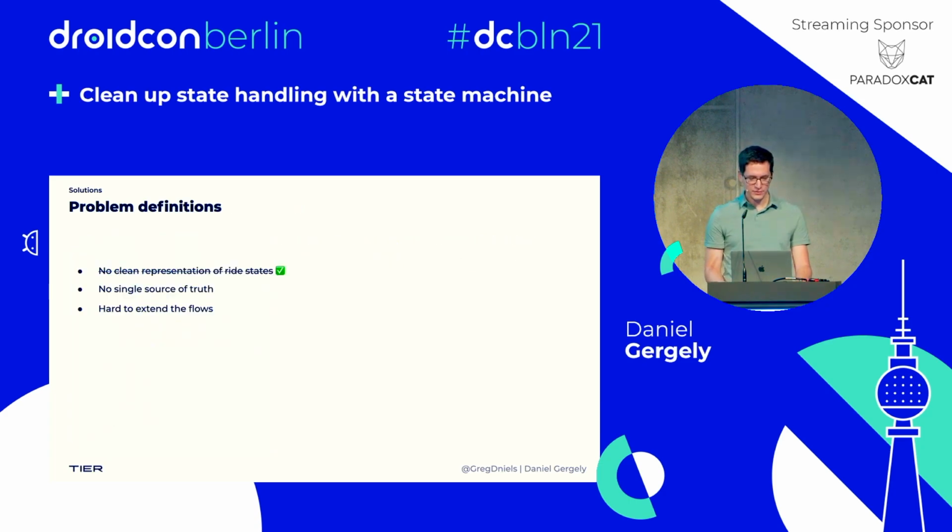And to go back to our problems, we still had two problems to design solutions for. One of them is no single source of truth. At that point, we agreed that whatever solution we might have in the future, it should definitely have a single source of truth, a single entity that owns the state. And for extensibility, we agreed that we should make something scalable.